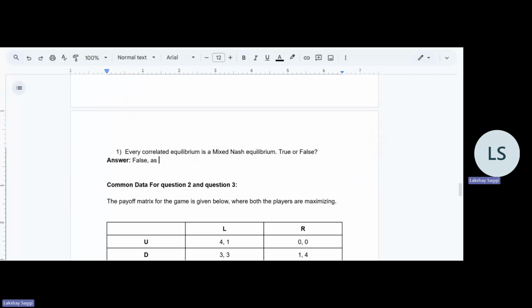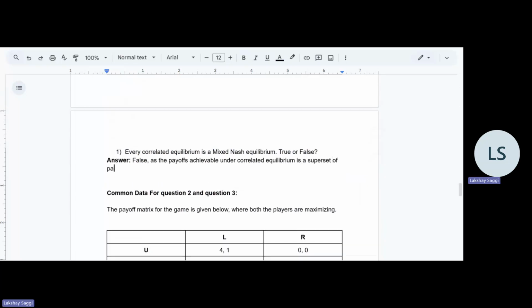The payoffs achievable under correlated equilibrium are a superset of the payoffs achievable under mixed Nash equilibrium.